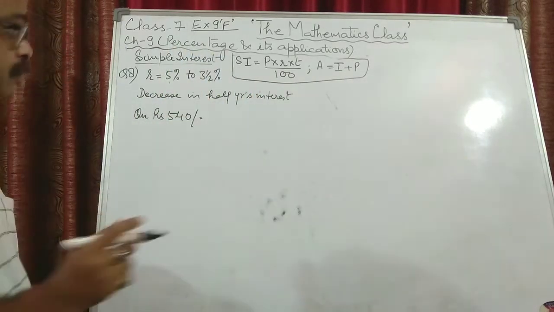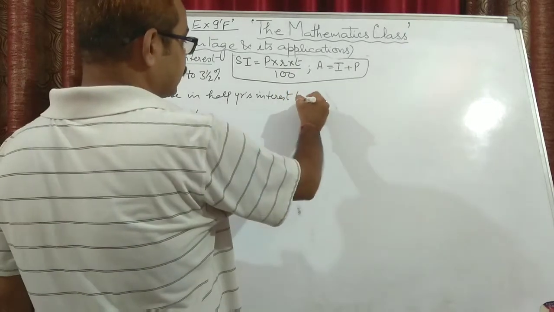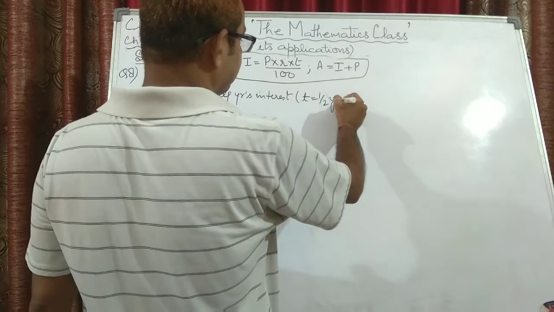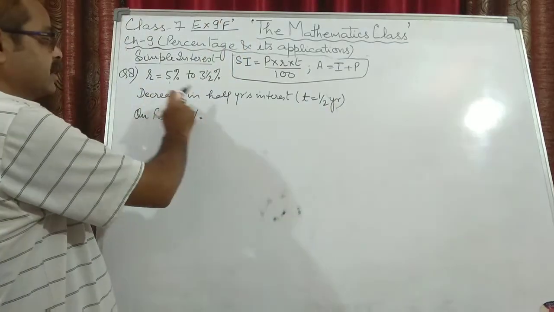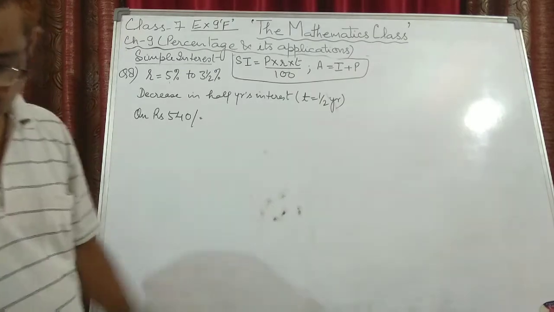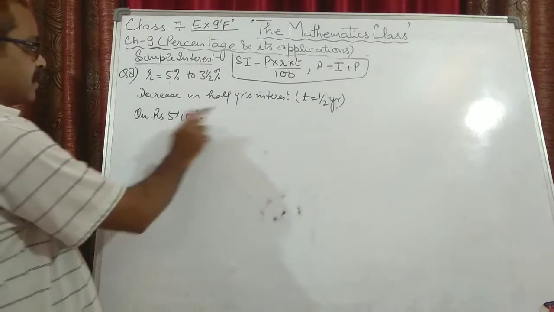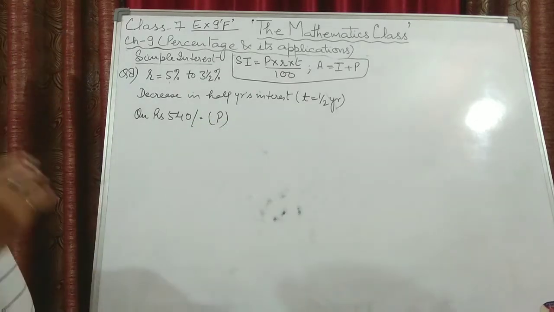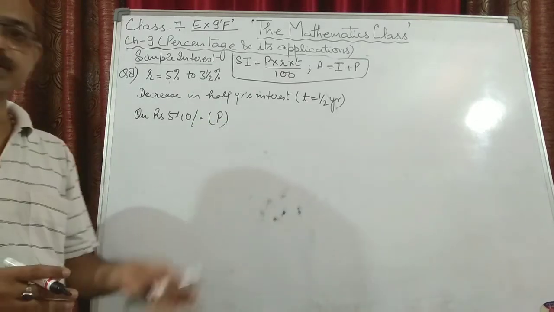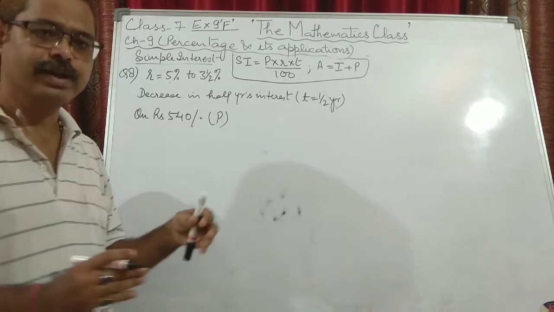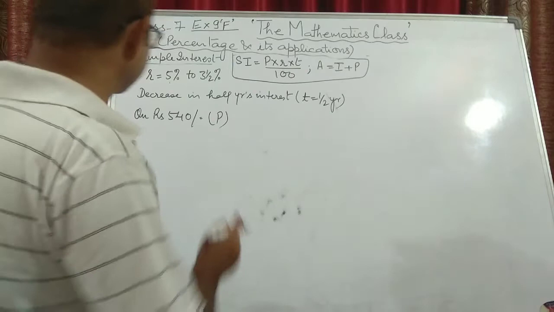Half year's interest, it means time is given to you how much? 1 upon 2 year. Find the decrease in half year's interest. Time is given to you for half year on rupees 540. This 540 is principal given to you. It means you have to find the change in interest when rate was from 5% to 3.5%.